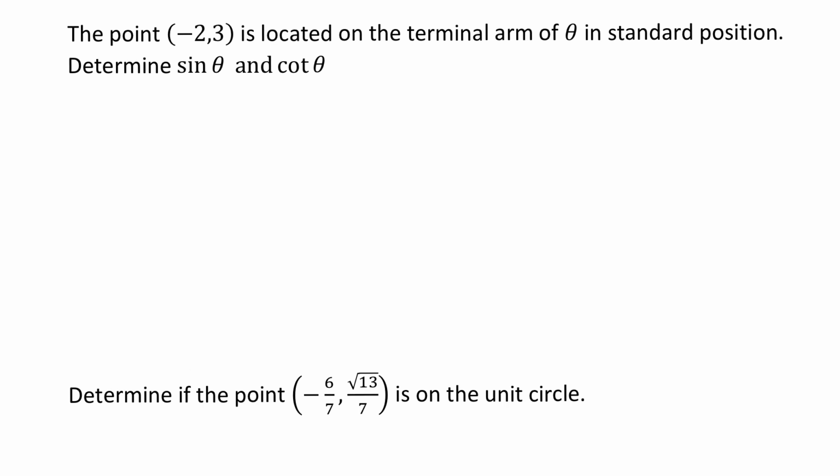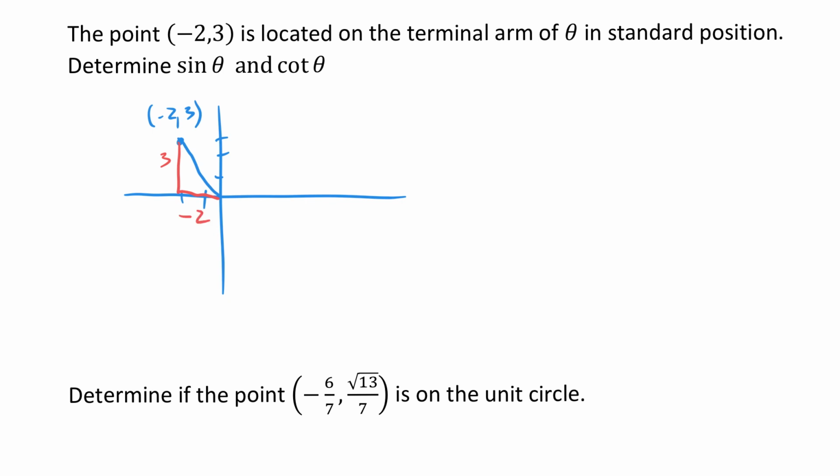All right, the point negative 2, 3 is located on the terminal arm of theta in standard position. Determine sine and cotan. Well, again, let's draw a quick diagram. Negative 2 and positive 3 will be up here. We can draw our little diagram with the sides of the triangle being 3 and negative 2.